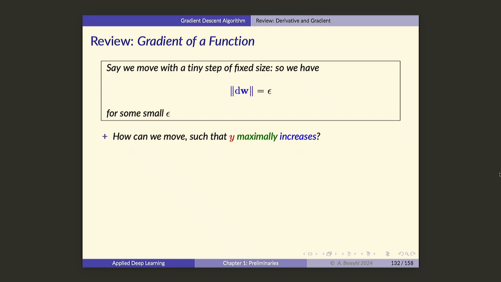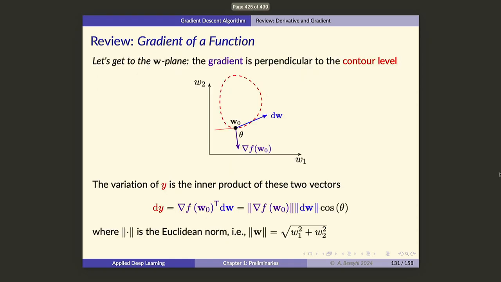So what should it be? Look at this: the norm, the size of my movement dw, is fixed. And the size of the gradient, for the moment, is fixed because I calculated it at that point. The only thing that plays a role now is this angle.